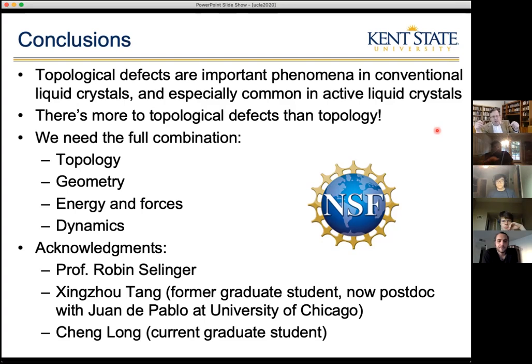But a half integer defect, plus or minus half, corresponds to a loop on the hemisphere that goes from one point on the equator to the opposite point on the equator, and then it teleports back to the first point, because these are equivalent. A loop like that cannot be shrunk down to 0.